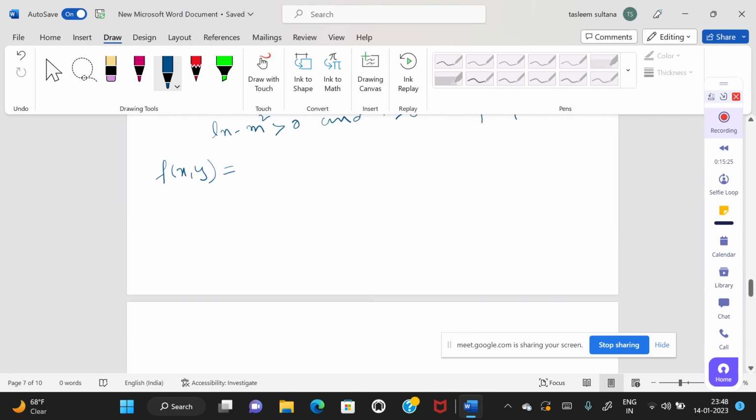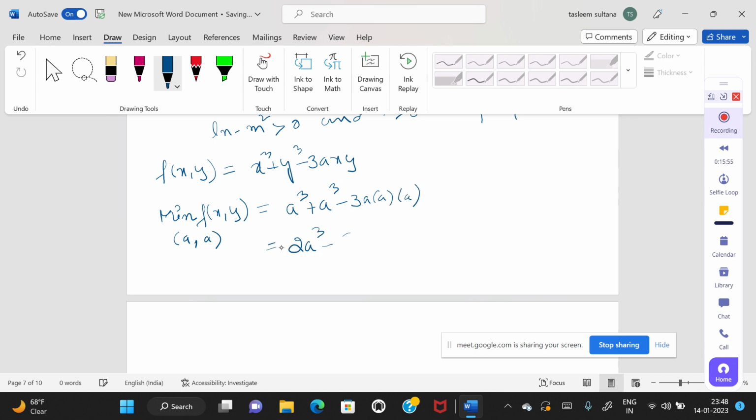So the minimum of f(x, y) at the point (a, a) is equal to a³ + a³ − 3a·a, which is equal to 2a³ − 3a³, which is equal to −a³. The minimum value of the function is −a³.